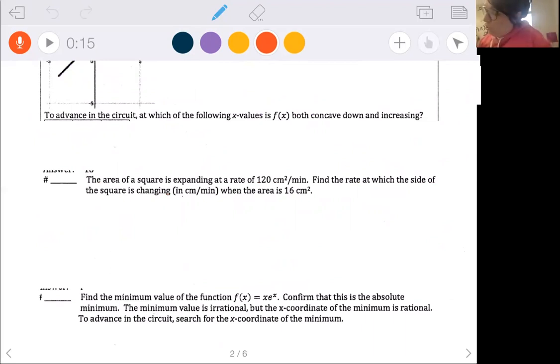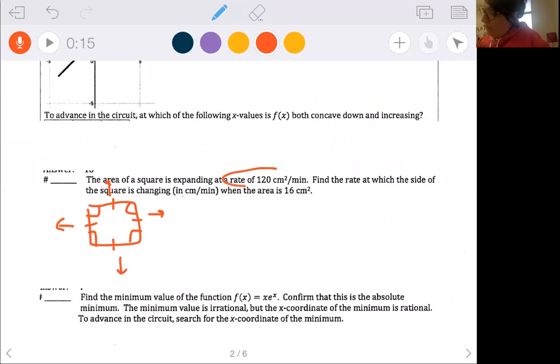So it says the area of a square is expanding. So I'm going to draw myself a square. Its area is expanding, so I'm going to do little arrows. This is number 1, get yourself a good sketch. At a rate of, there's one of the rates you were given. It's the rate that the area is changing over time.